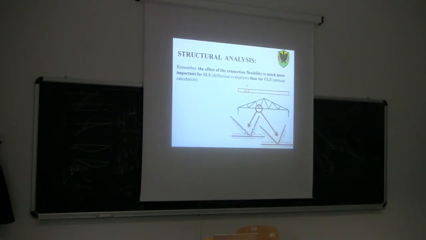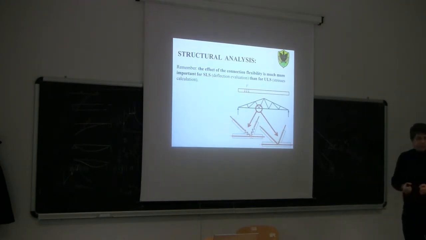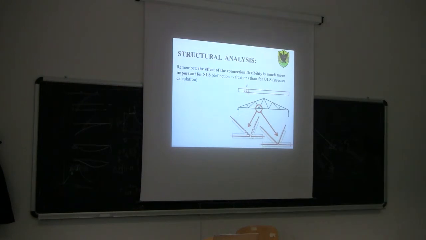Okay? So, strictly speaking, this is the model we should consider, where those springs here take into account the flexibility in shear of the fastener. Okay? And we saw there are some formulas to calculate the stiffness of those springs. Now, the important thing just to keep in mind is that in terms of ultimate limit state design, there is no such big difference between this scheme here and this scheme here.